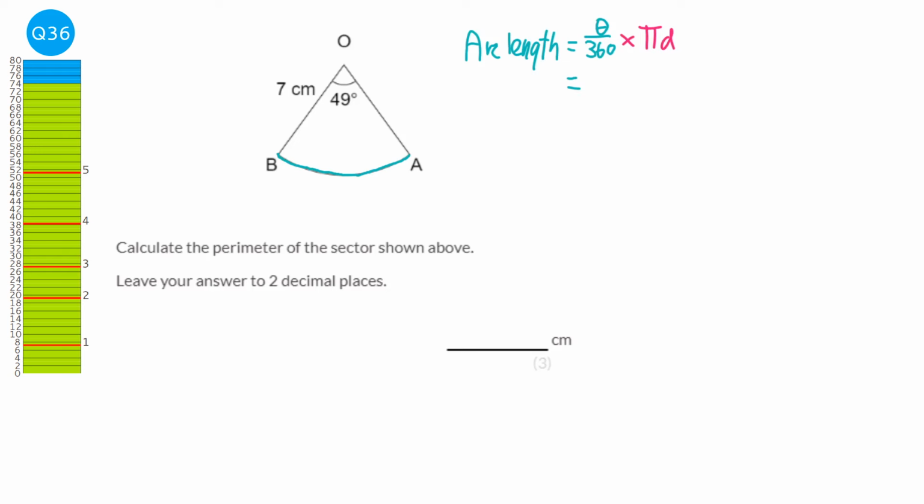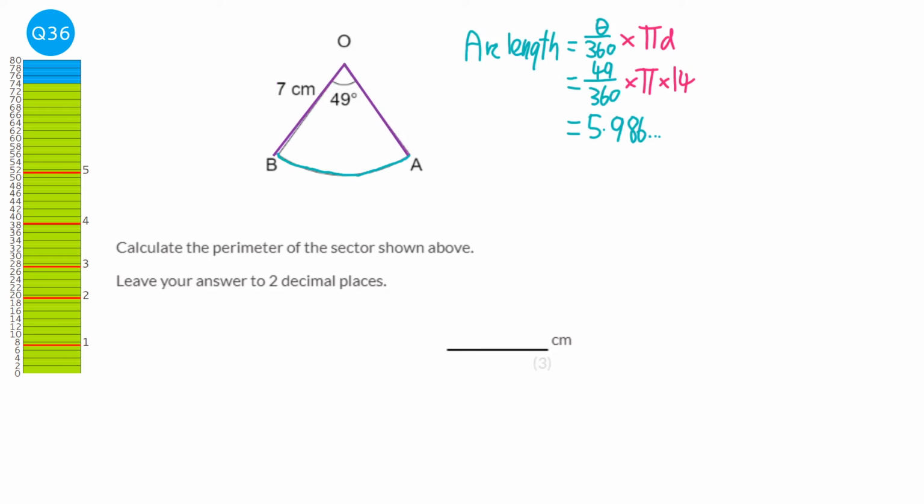So that's going to be 49 over 360 times pi times, and the diameter would be twice the radius. The radius is 7, so it would be times 14. When we do all of that, we get 5.986, and so on. But that is not the perimeter yet. Perimeter needs to include these parts here.